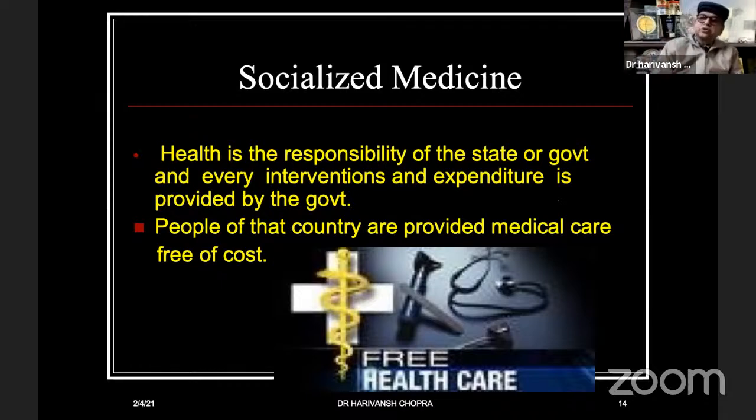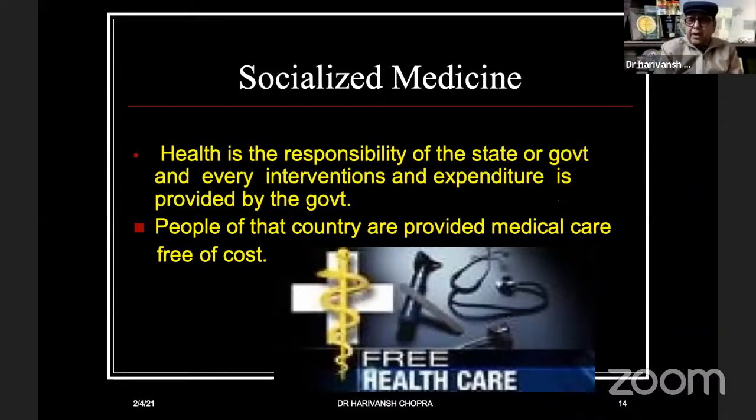Of course, there are so many centrally sponsored programs, but all these programs are implemented by the people working in state health services. So you will have to understand this. And whether in reality everything is provided free of cost, or it is only on paper, that's a different issue. But that is the concept of socialized medicine, which started from USSR basically, and that you'll have to understand.